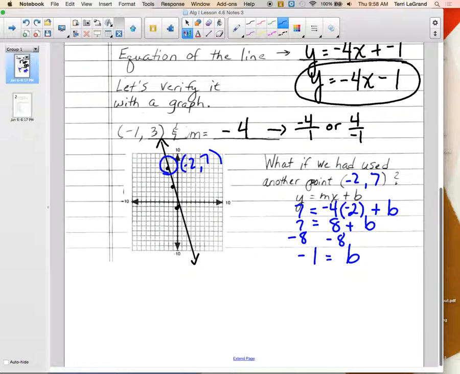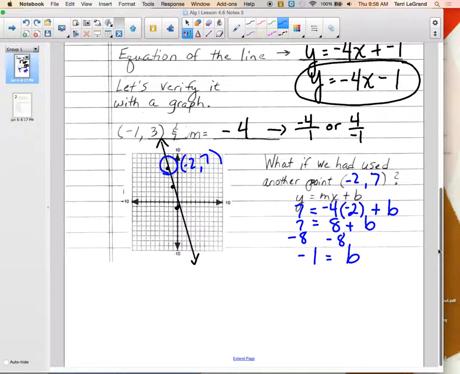We got the same result, and we should have. No matter what point you use that belongs to that linear function, they all should support getting a slope of -4. They should all support getting a y-intercept of -1. Any point on that line should make our equation that we wrote true.